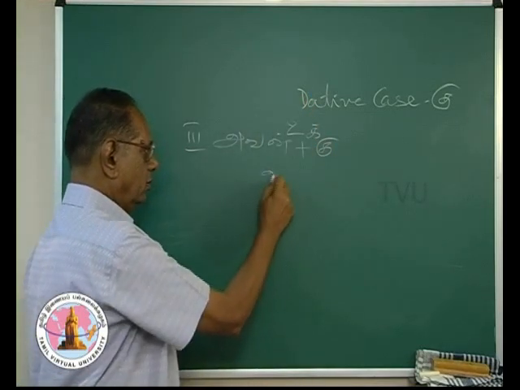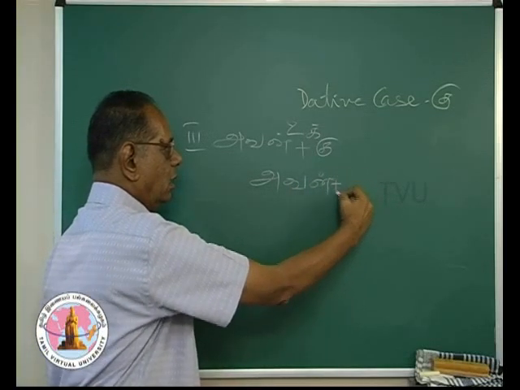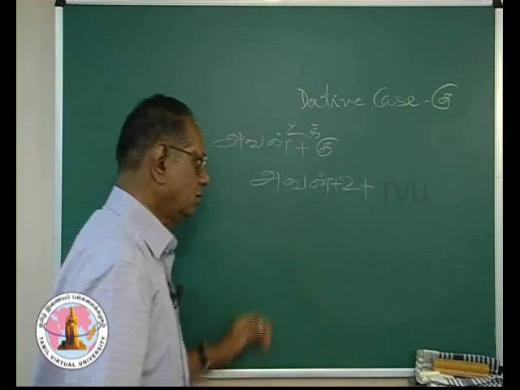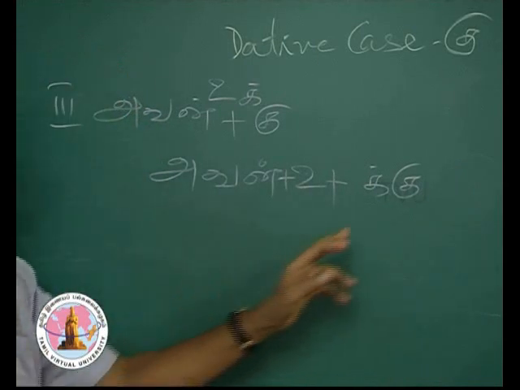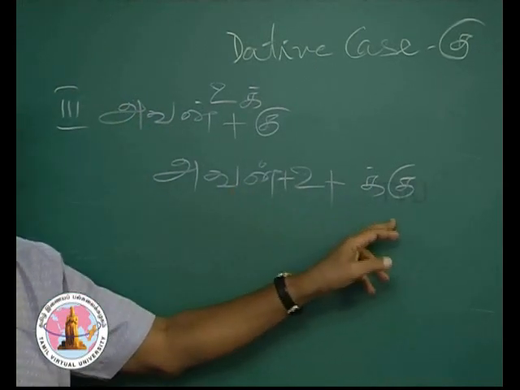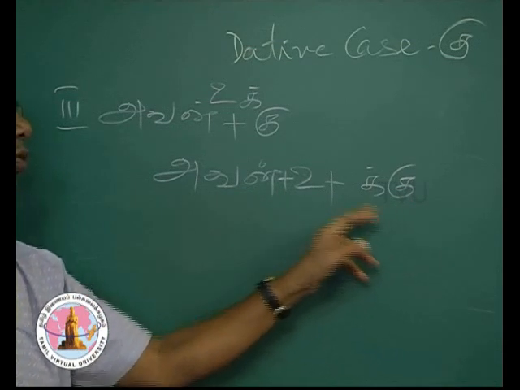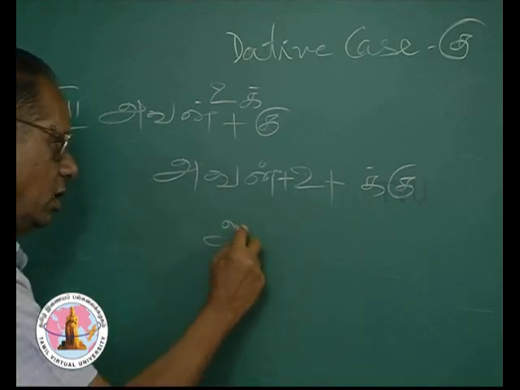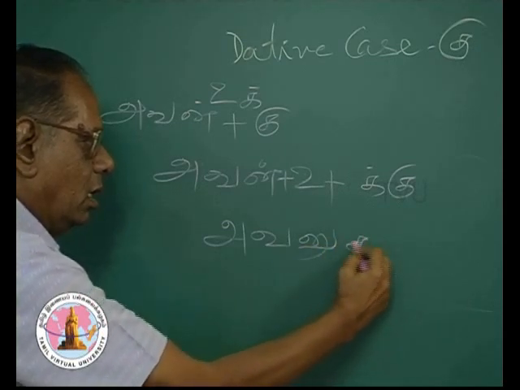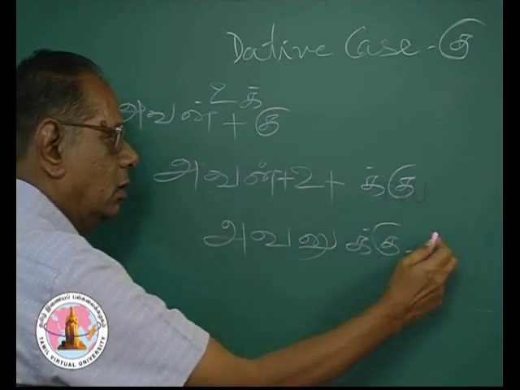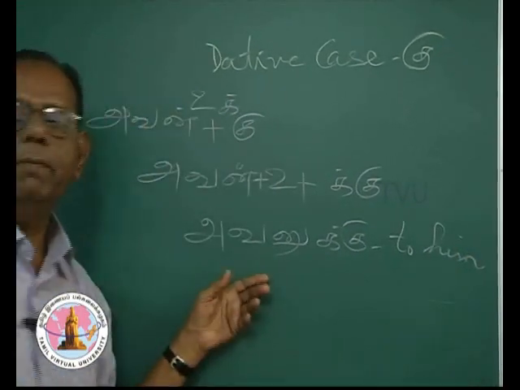U. Avan plus u plus ikku. This is ukku and avan u ikku avanukku, to him.